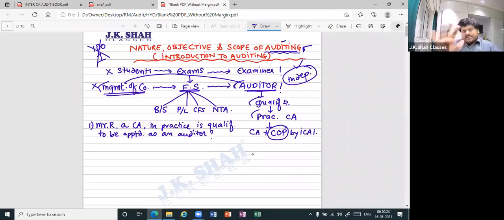First thing, read the question. Mr. R, a chartered accountant in practice, is qualified to be appointed as an auditor. Think and tell me, is he qualified? Yes. Why yes? Because the question itself has told that he is in practice. It means he is definitely qualified. So the answer is definitely yes.